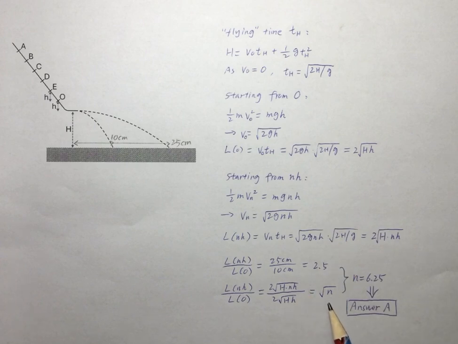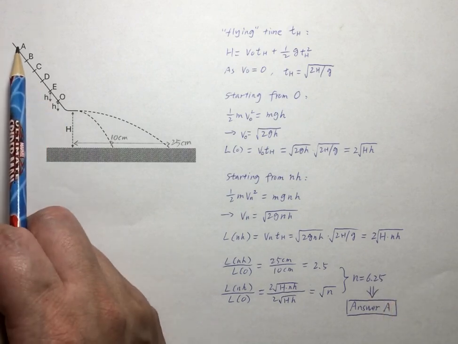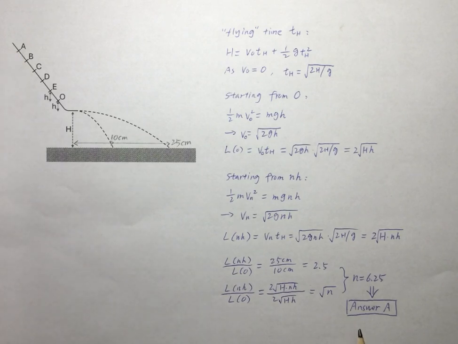So that gives the square root of N. Because this equation equals this equation, N equals 6.25. So this is closest to point A. So the final answer is A.